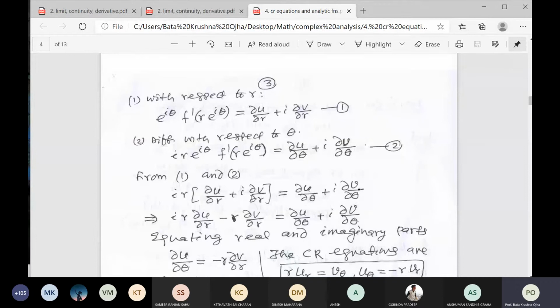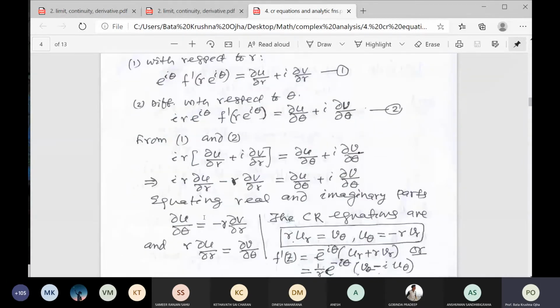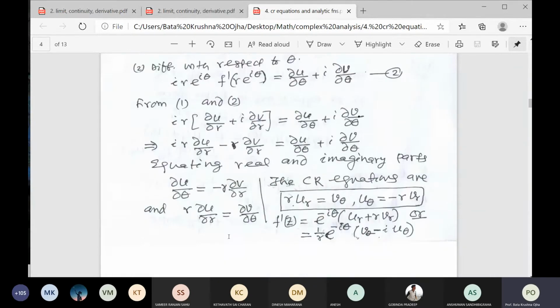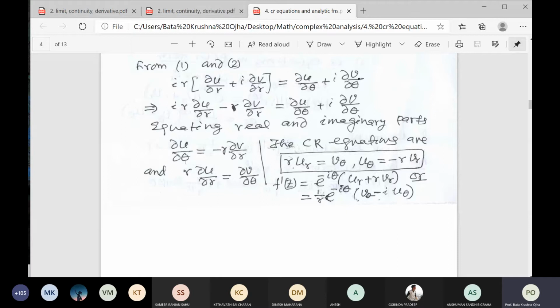Equating real and imaginary parts, we will find two equations: del u del theta is equal to minus r del v del r, and r del u del r is equal to del v del theta. These two equations are called CR equations. In short form, r u_r is equal to v_theta, and u_theta is equal to minus r v_r. That is called CR equations.